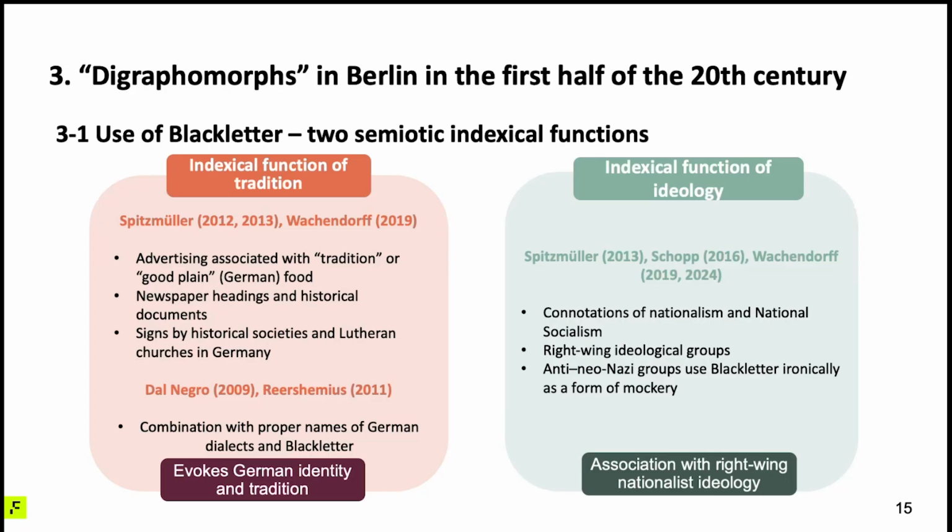Blackletter had been strongly associated with nationalism and national socialism, and was actively used by the Nazi regime. Also, the Nazis ultimately banned it in 1941, as we saw earlier. This association has persisted to the present day.